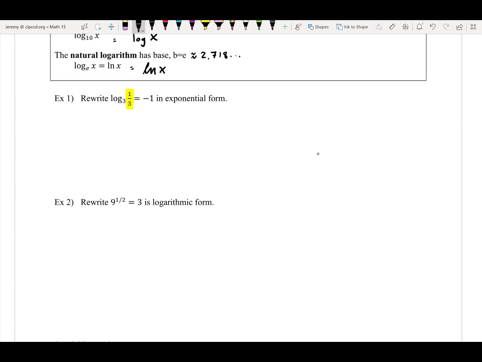So, our exponential form, it's going to be something like b to the y equals x. So the x is what was the input for the logarithmic equation. So that is going to be 1/3. So 1/3 is going to go out here. The -1 over here, it's looking like the output. It's by itself on one side of the equation. That is going to be the input for the exponential equation. So that -1 is actually going to appear up here in the exponent's place.